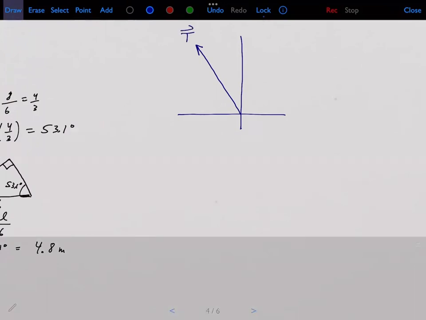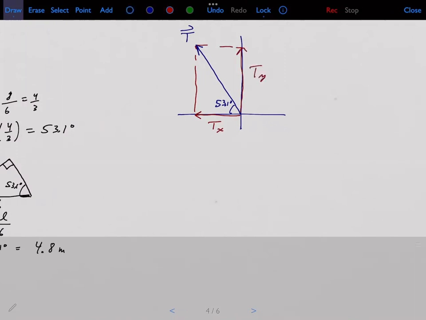We knew this angle, right? We already found the angle is 53.1 degrees, this angle. That's kind of like our reference angle, 53.1 degrees. And I want to find the x component, so Tx, and then the y component, because I'm going to need those when I do the sum of the forces in the x and y direction.